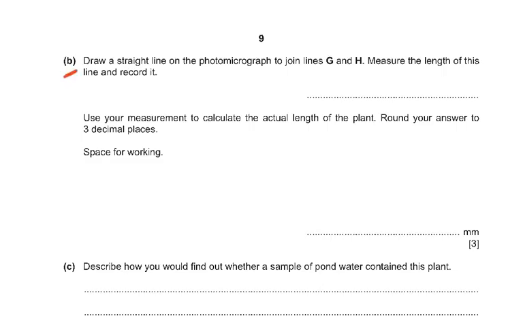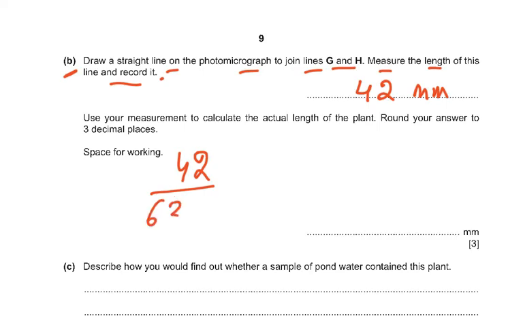Then part B of the question: draw a straight line on the photomicrograph to join lines G and H. Measure the length of this line and record it. So you have to measure G and H. Now this was about 42 millimeters. Always write in millimeters, and that's what gets you 1 mark. So the measurement is 42 millimeters, and then 42 divided by 630.